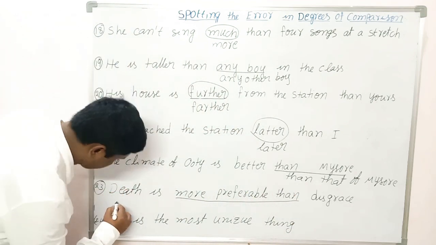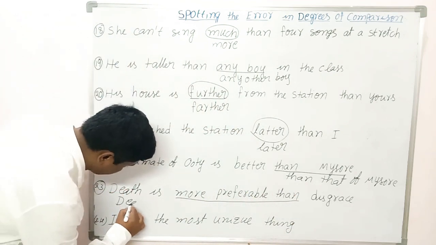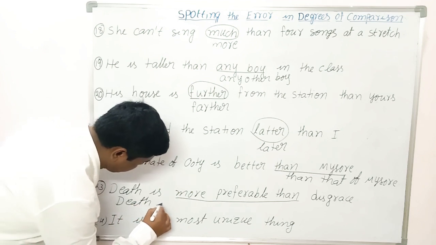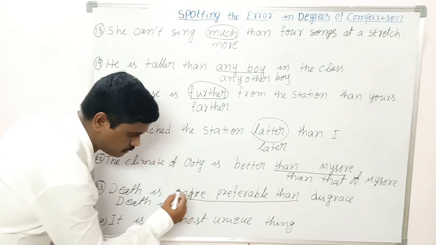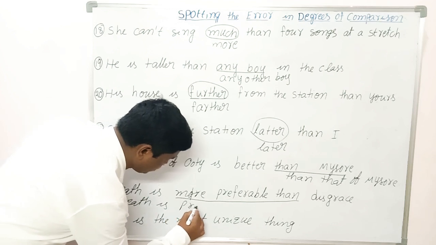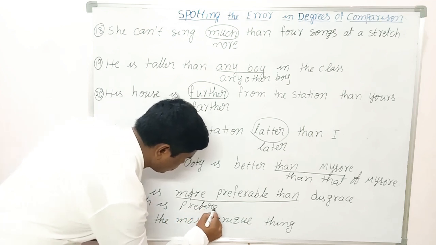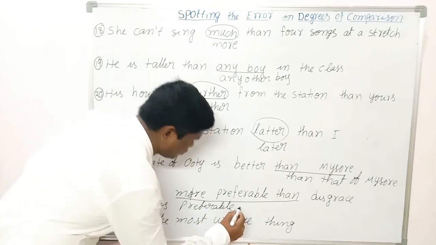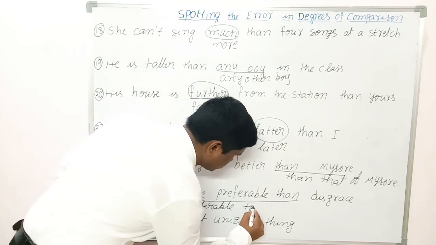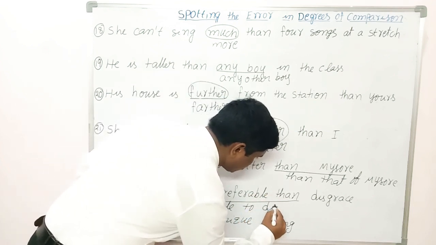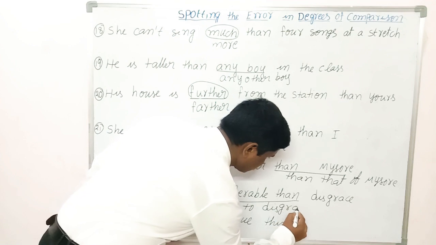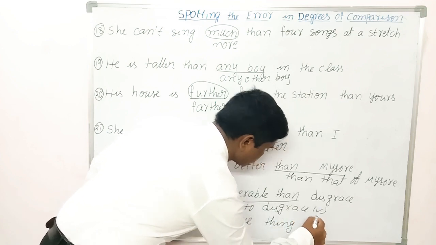So here more is wrong, and using than is also wrong. The correct answer is: death is preferable, we have to delete more, and in the place of than we write to: disgrace. This is the correct answer.